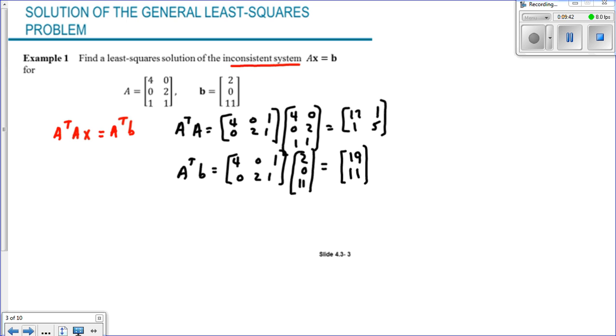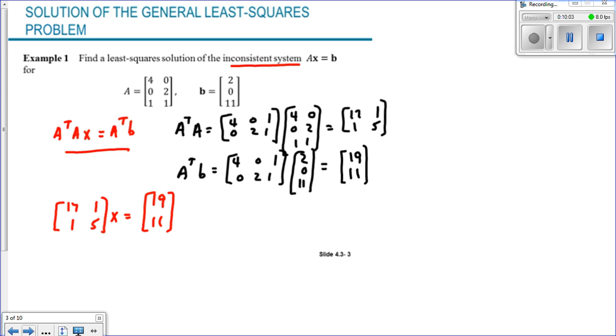Okay, so now we want the solution to the normal equation. We're trying to find the x that satisfies this. So that means we want to know the solution, 17, 1, 1, 5, times the x that equals 19, 11.